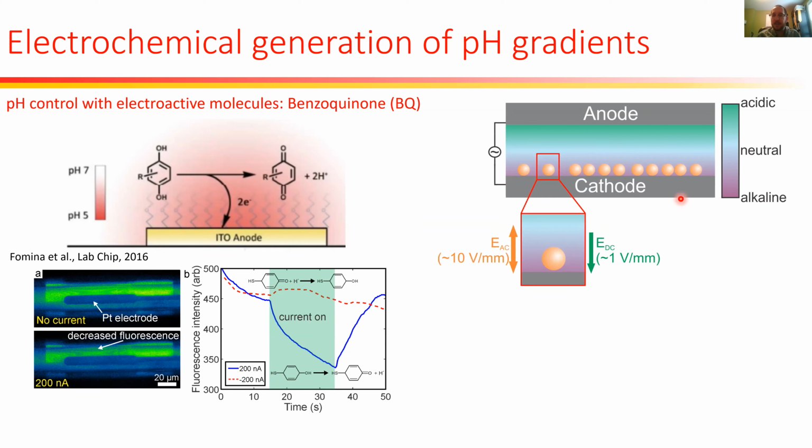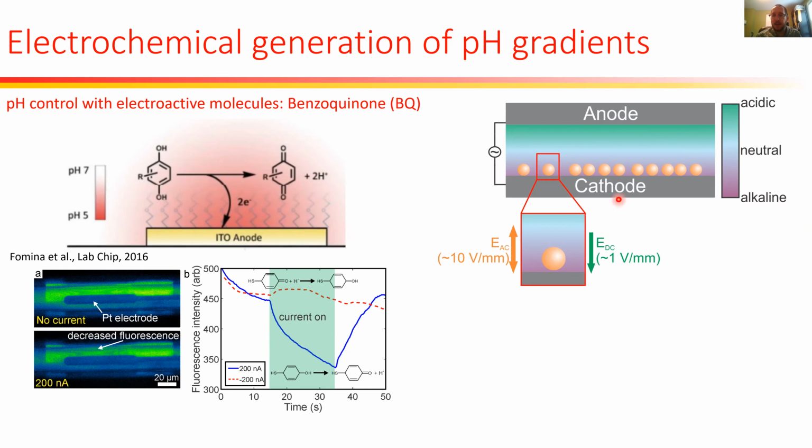So our colloidal system looks like this now. We have two parallel plate electrodes. In between these, we've put a dilute suspension of colloidal particles. They are heavy enough and large enough that they sediment to the bottom electrode by gravity, but they remain stable. They don't stick. And then we apply both an AC electric field, which drives the EHD fluid flow, and a DC electric field, which drives the benzoquinone redox reactions.